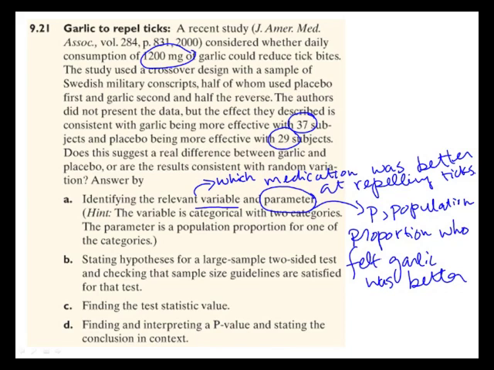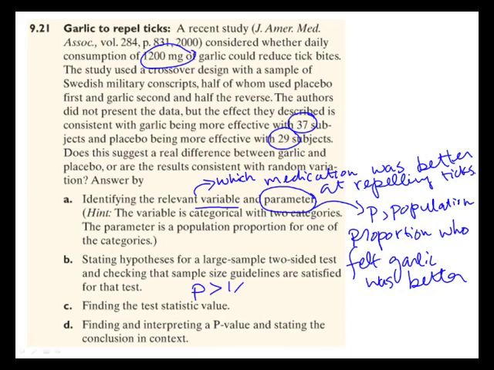Stating hypotheses: what would our alternative hypothesis be? What are we trying to prove? Does this suggest a real difference between garlic and placebo? How would we show that with the population proportion?